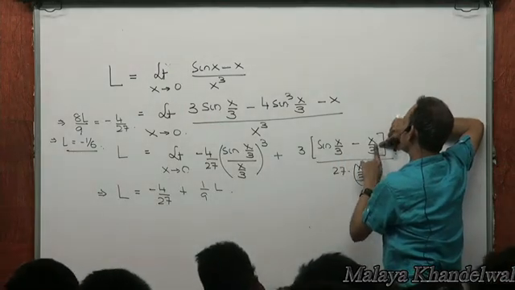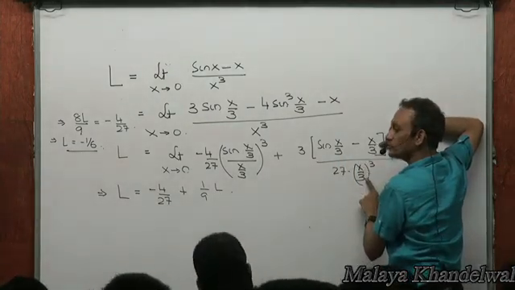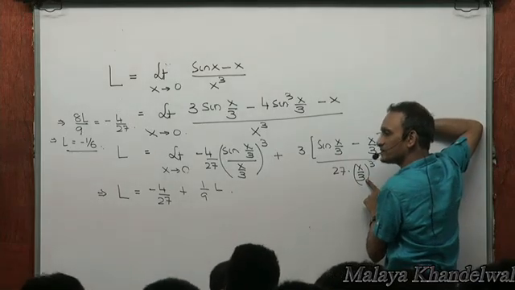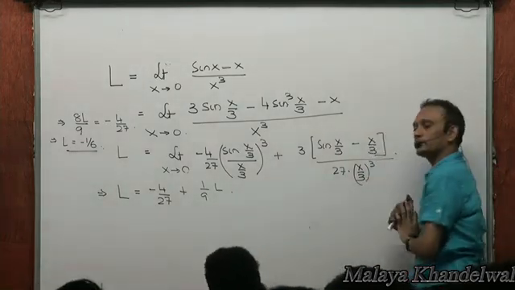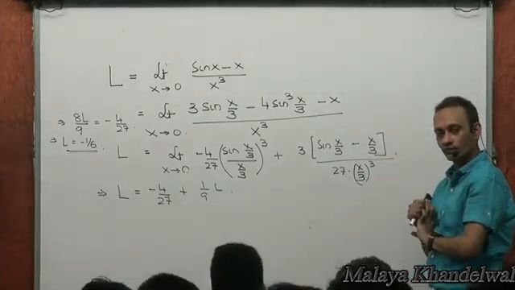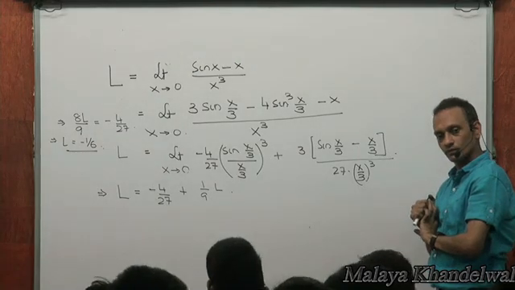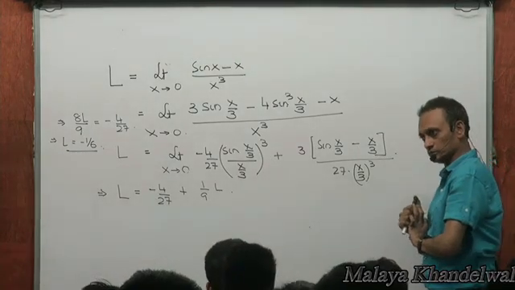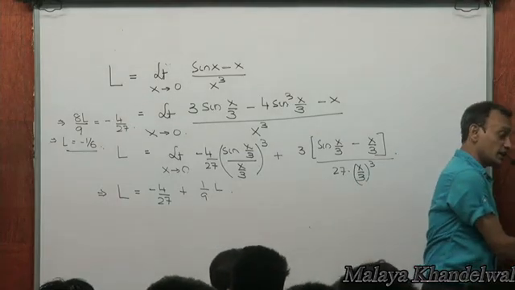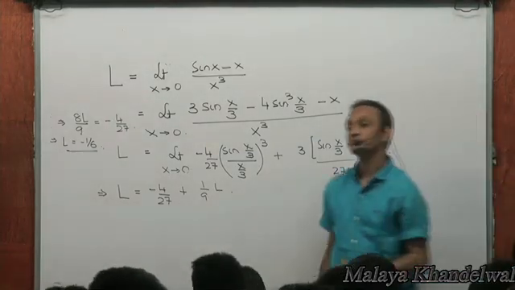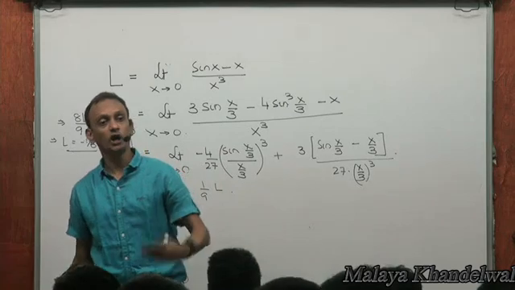So sin something minus something by something cubed. We had an x cubed, but we wrote an x by 3 whole cubed. Let me illustrate a little more. Got me?